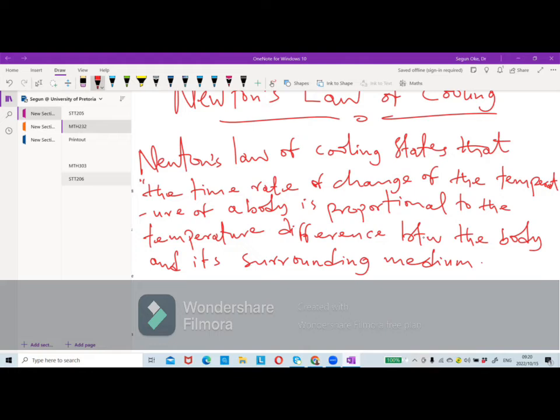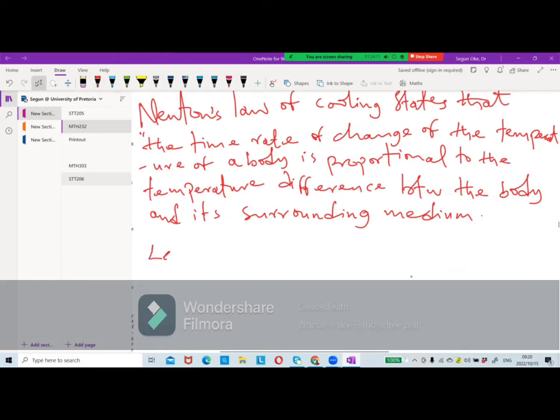When using Newton's law of cooling, we derive a differential equation for cooling of a hot body surrounded by a cool medium. Let's look at the way we derive it.